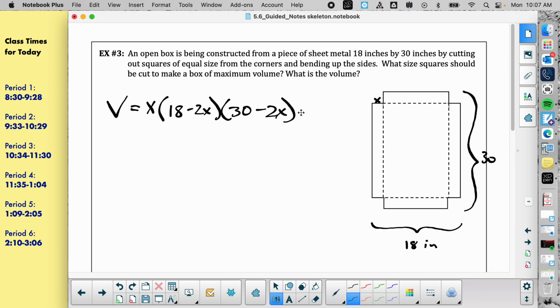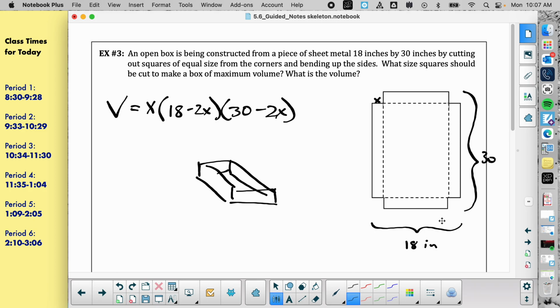Why is this the volume? So if I were to actually fold up this box, it's not 18 across the bottom. It's 18 from the original piece of metal.